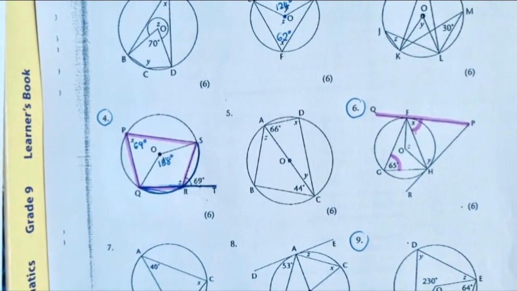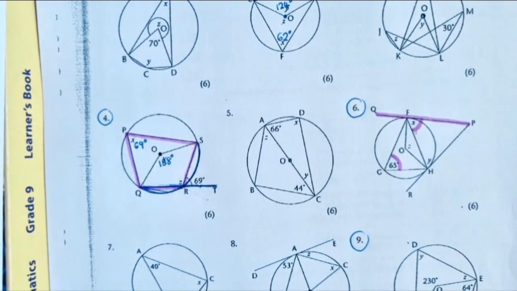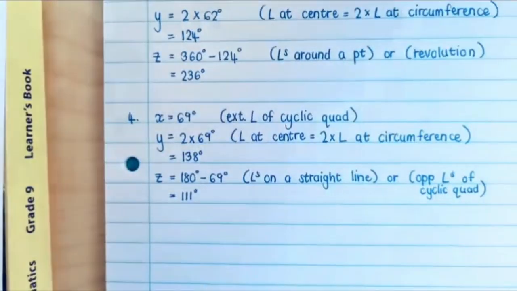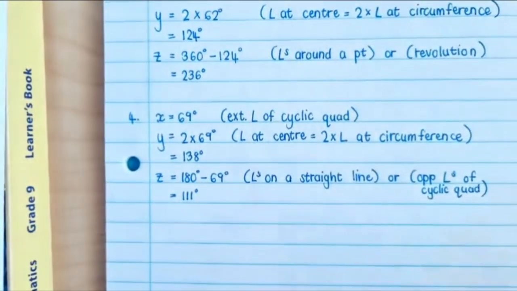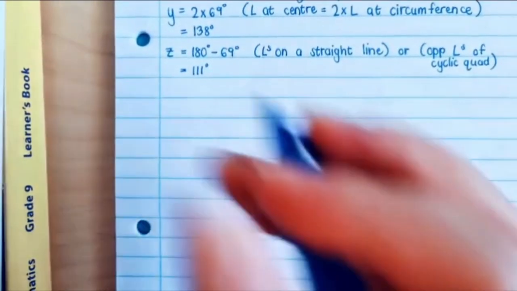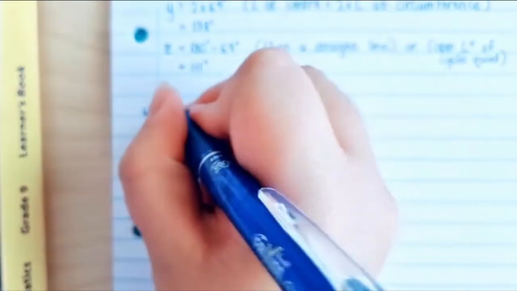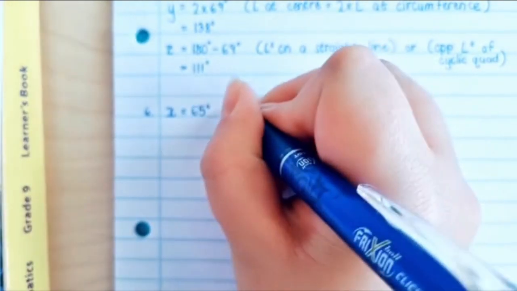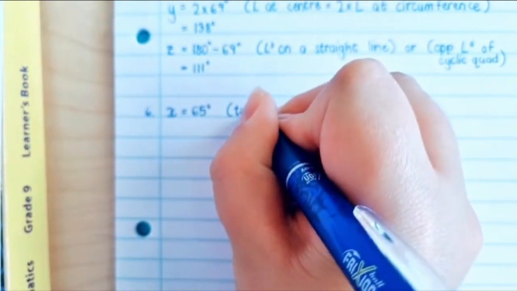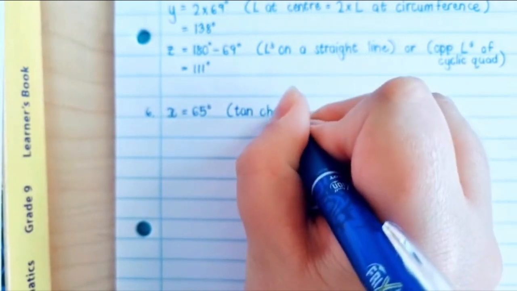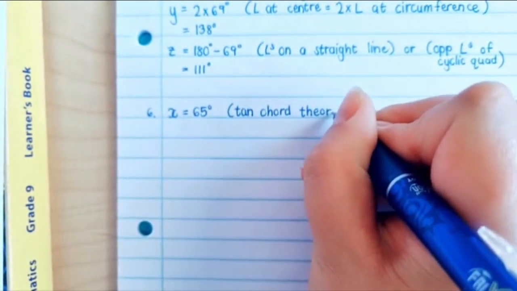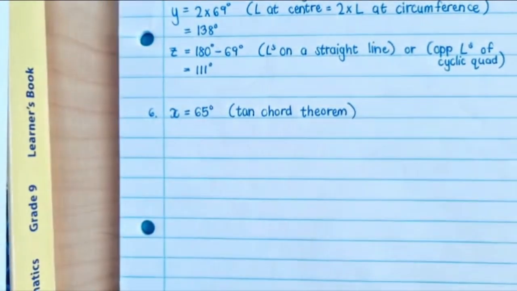So there we already have x. x is 65 degrees because of tan chord theorem. That wasn't too bad. Okay, tan chord theorem.